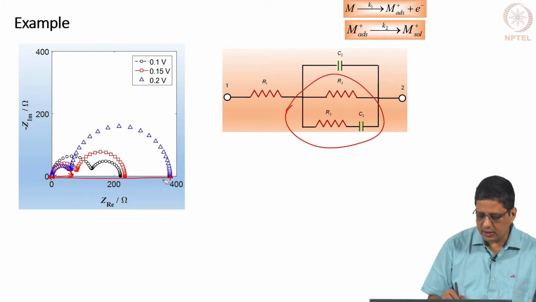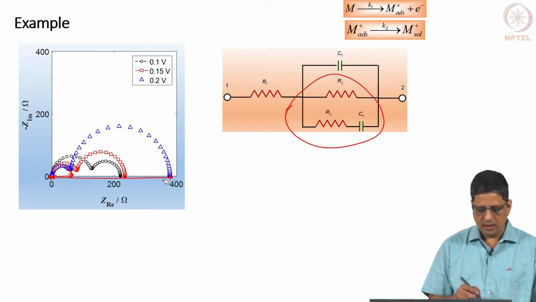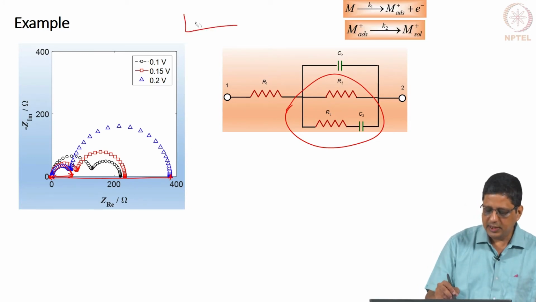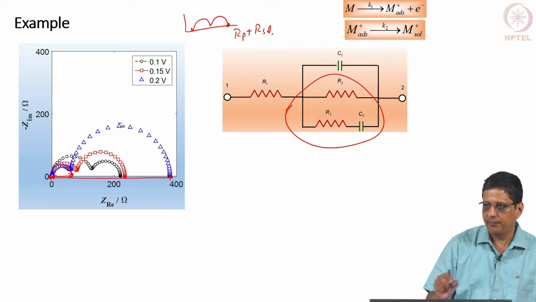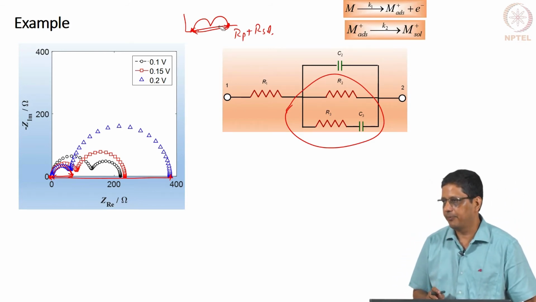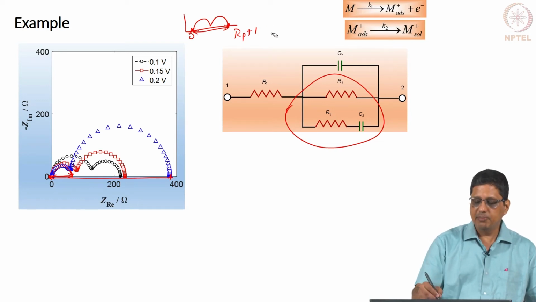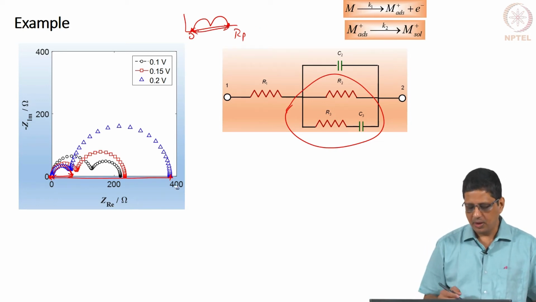Starting from this point to this point is the polarization resistance. If instead of this, it is shifted like this, I can't call this the polarization resistance. This is R p plus R solution. This is R solution. The impedance between these 2 points tells the polarization resistance. Now, here because this point is 0, I can simplify it and say this is R p.